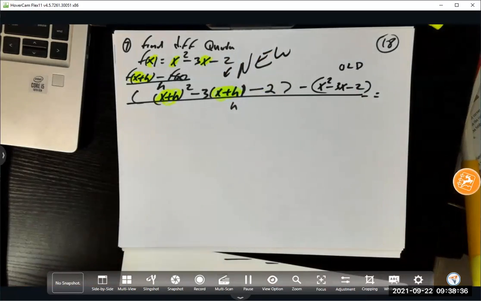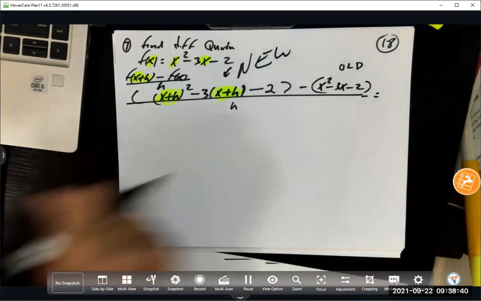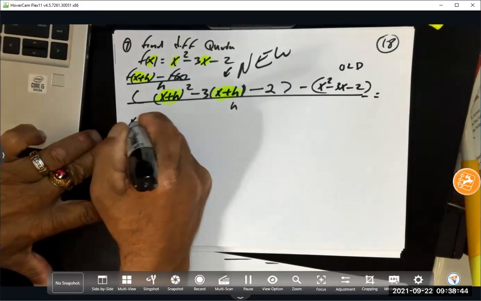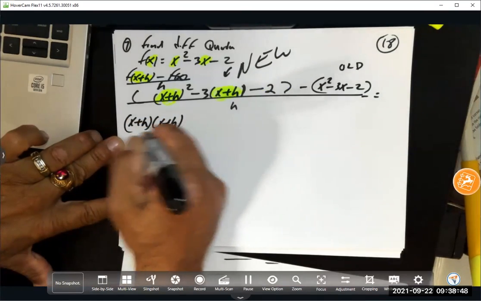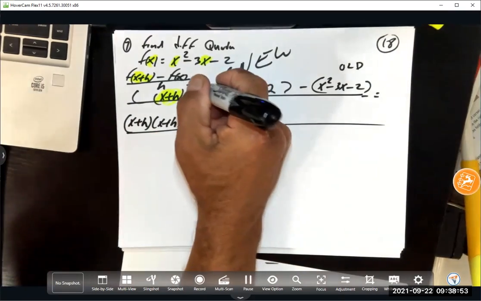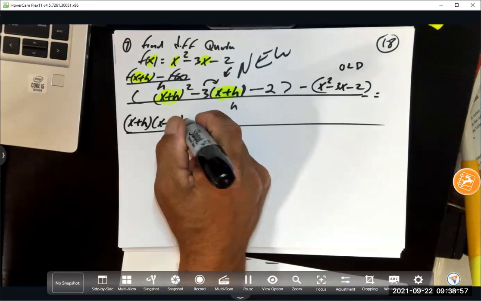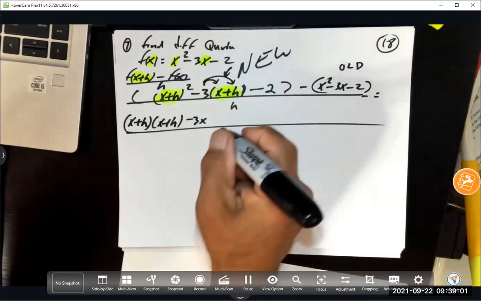Now I'm going to do x plus h squared, which means I have to do it twice. So this means x plus h times x plus h. Now, what's minus 3 times x? Negative 3x. What's minus 3 times h? Negative 3h.